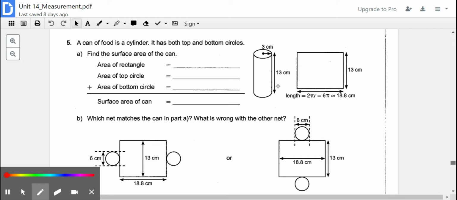First, the area of the rectangle. The area of the rectangle is stretched out for us right down here. And they say it's 2 times pi times r equals 2 times 3, which is 6 pi equals 18.8. That's the circumference of the circle, which is the base of the rectangle.